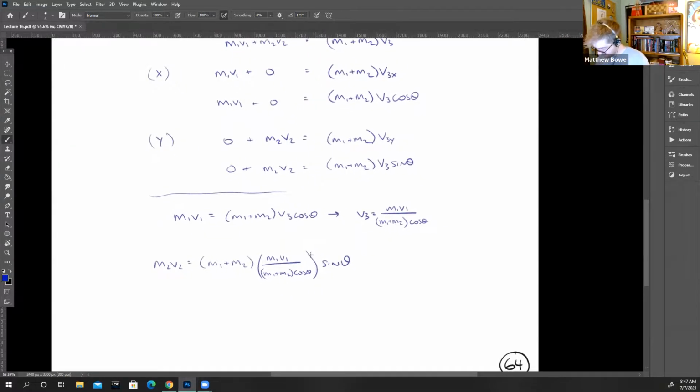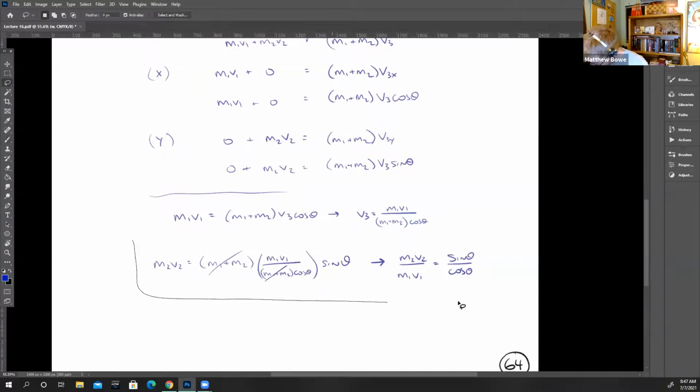All right, and from here we can see that these masses cancel out. We're left with something that looks like this: V2, M1, V1, sine of theta over cosine of theta.